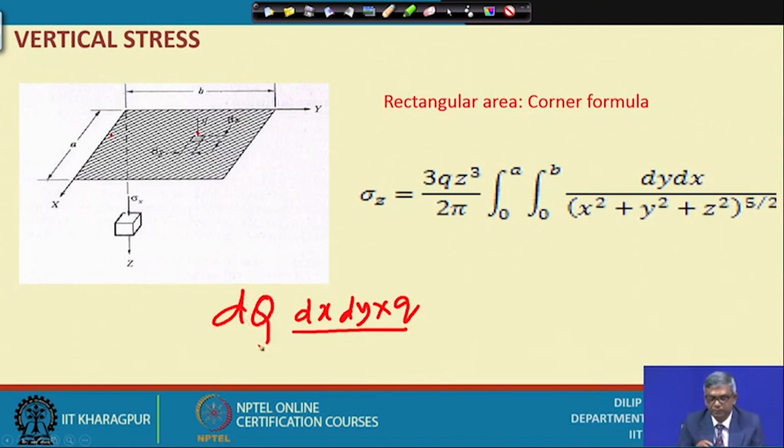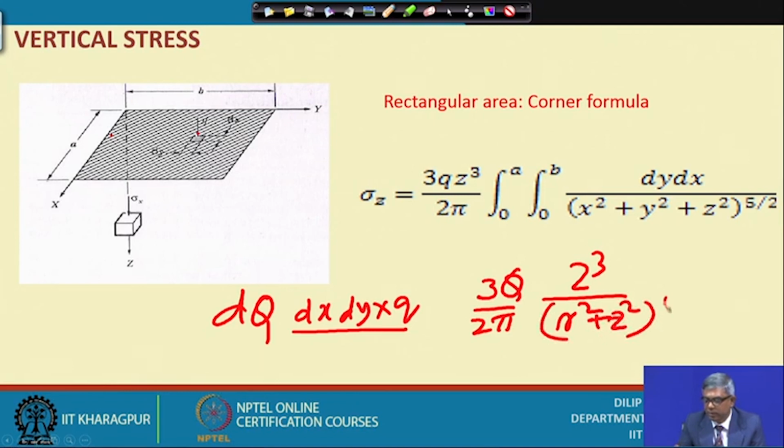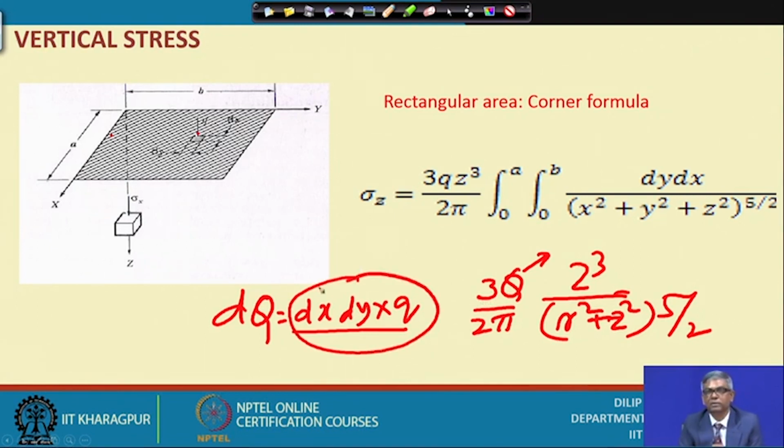Similarly, we can apply the point load formula, that was 3q by 2 pi, z cube divided by (r square plus z square) to the power 5 by 2. This is one form actually; if I simplify, it comes in another form. In this, q is to be substituted by dq.